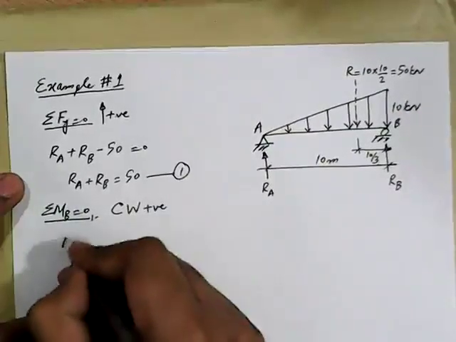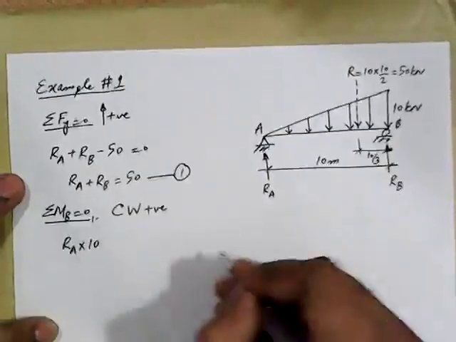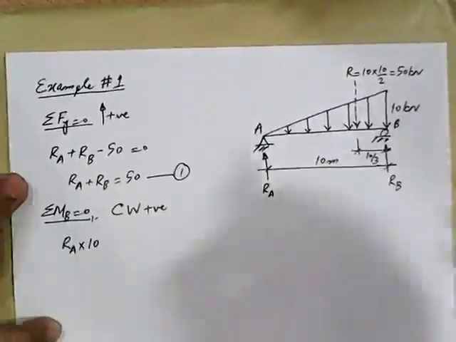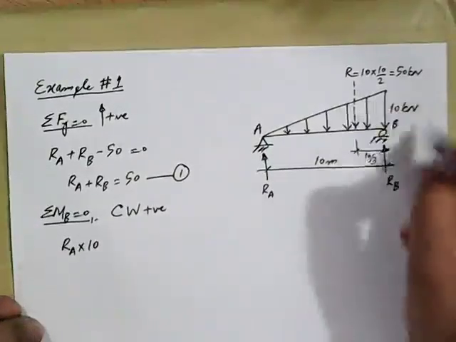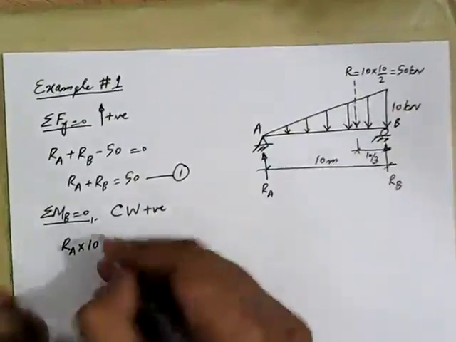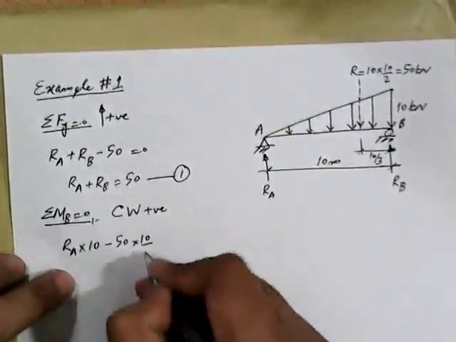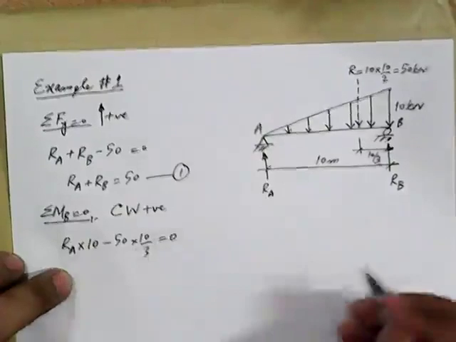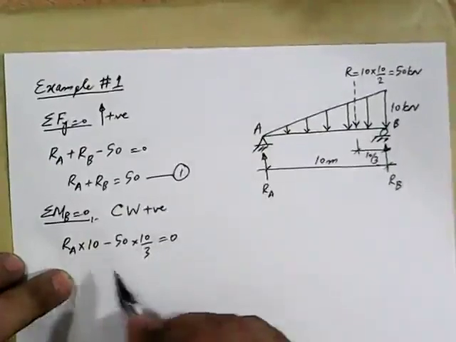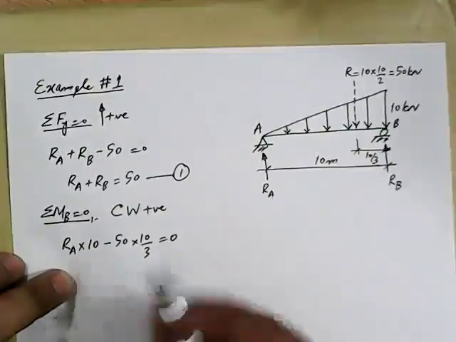We do not know the magnitude of RA, so RA into 10. Then this resultant 50 kilonewton force will produce moment in the counterclockwise direction, so minus 50 into 10 by 3, where 10 by 3 is the lever arm, and this should be equal to 0. We have only one unknown in this equation, and that is RA.